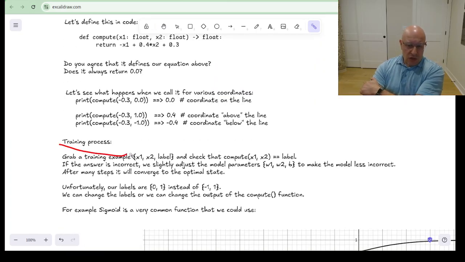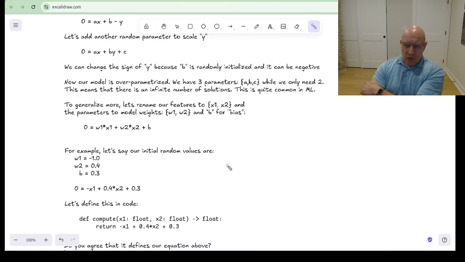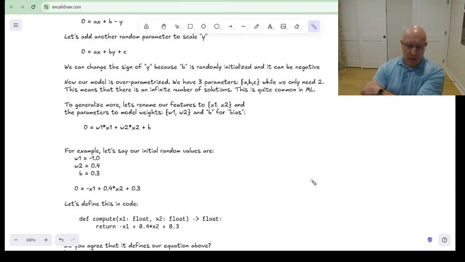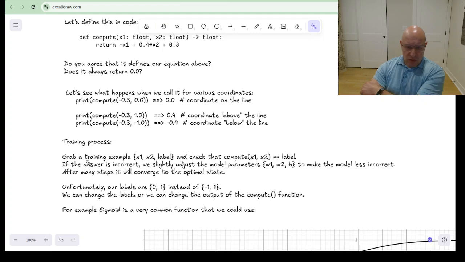Okay, so what is the training process? We will grab a training example. Remember our table here, two coordinates x1, x2, and the label 0 or 1. So we will grab this training example, and then we run this compute function, which will return either a positive or negative value, and then we want to check that it matches the label.